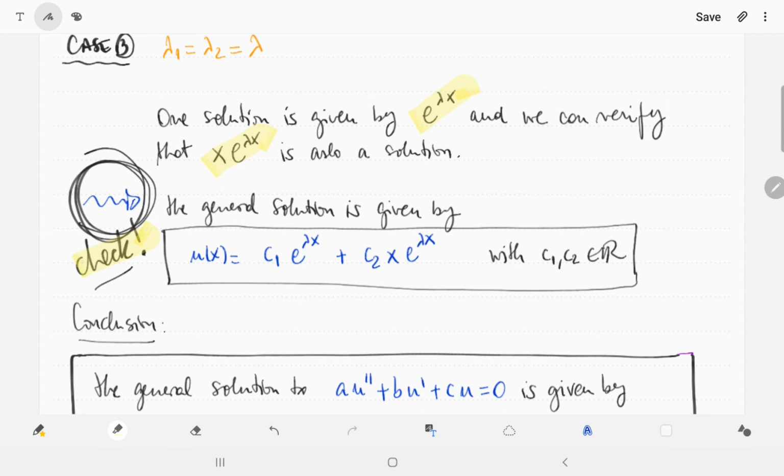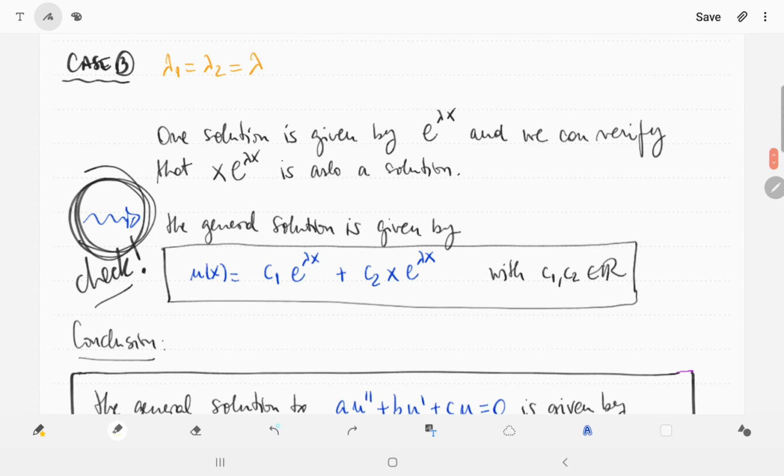You can also check as an exercise that these two form a set of fundamental solutions. So the general solution in this case, where we have only one root with multiplicity 2, is any linear combination between these two functions.